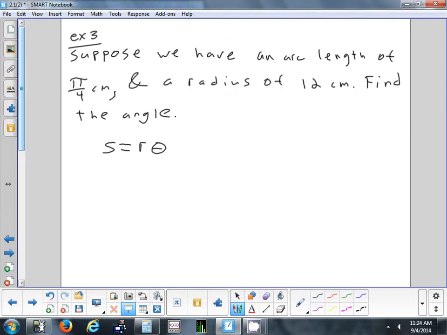Which letter is that? In s equals r theta, where does the pi over 4 get plugged in? Yes, the second part's telling us the radius, so that's your s. So you got pi over 4 equals the radius, 12, times theta.